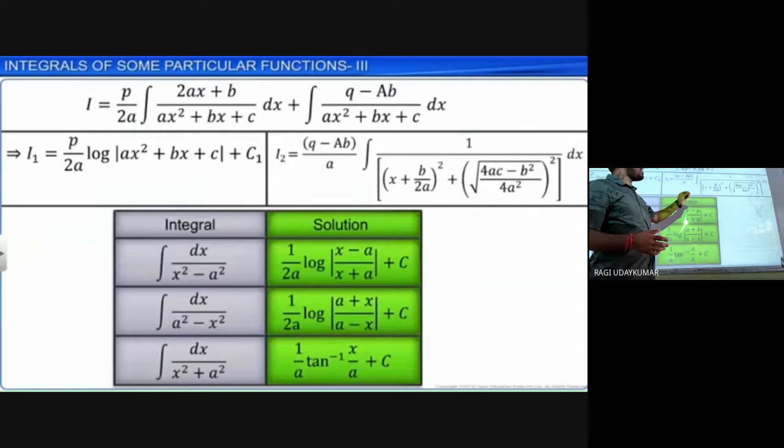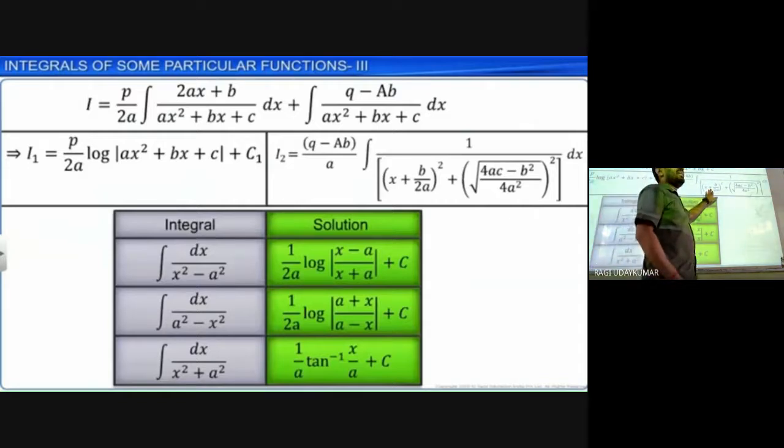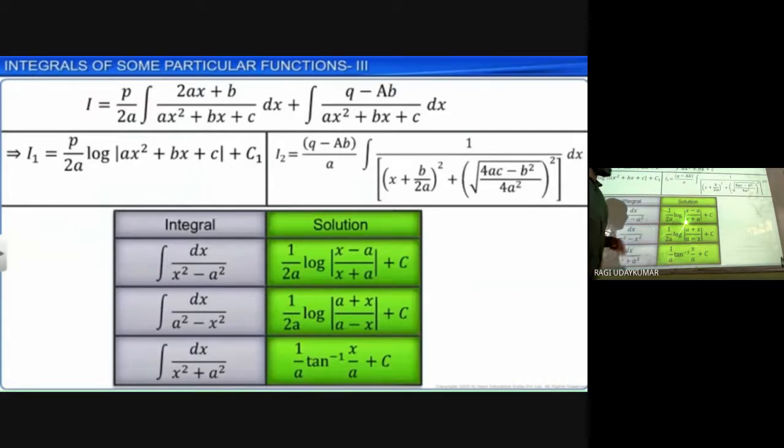In the same way, when you are using the completing square method, the complete expression is going to be converted into any one of these forms. It can be the first type also. It will come in the first type because in the denominator we may have either x square minus a square form, a square minus x square form, or x square plus a square.